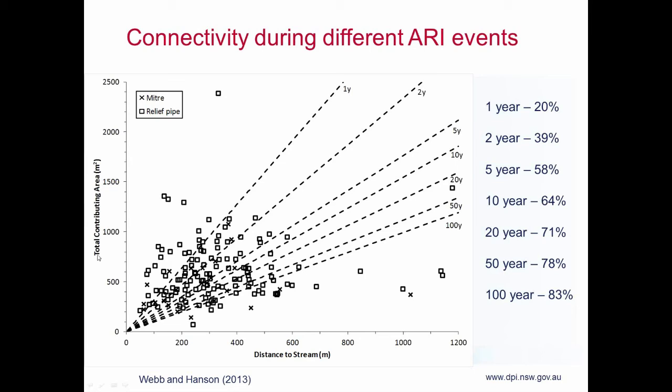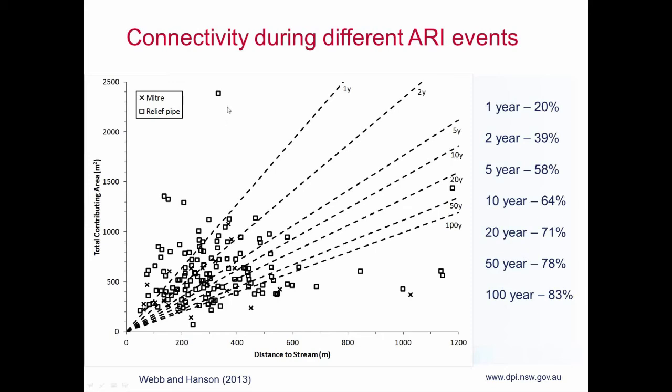By having calculated the total contributing area, which is the road surface plus the cut batters and the table drain above each drain, we then applied the VBT5 model for different 30-minute duration rainfall events, from a 1-year event, a 2-year event, all the way up to a 100-year event.